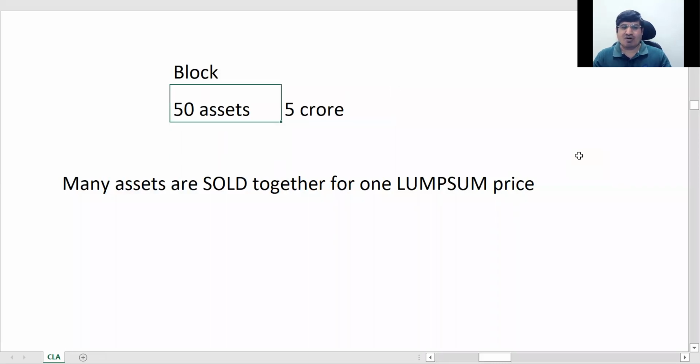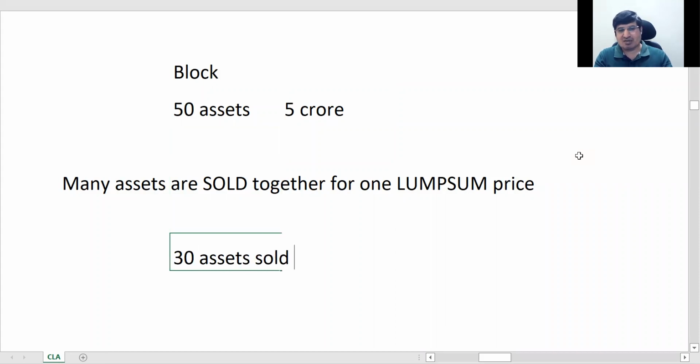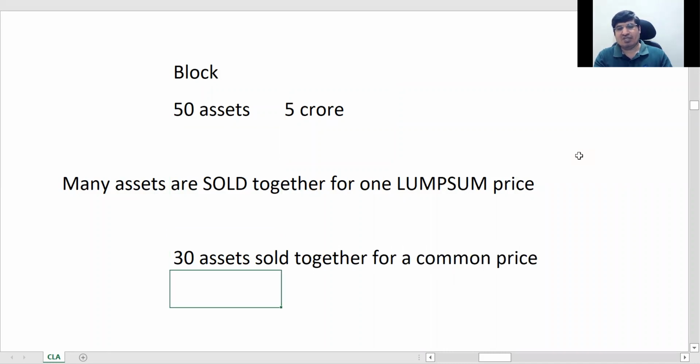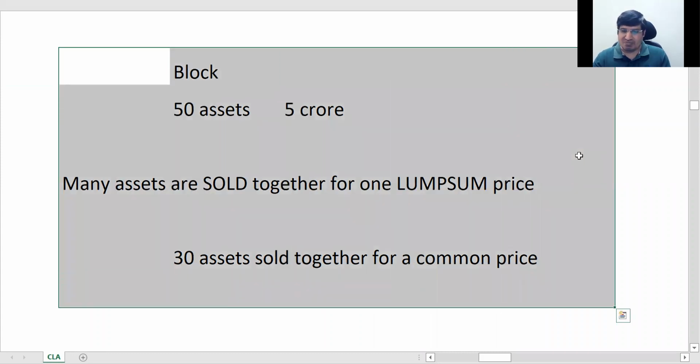Okay, now out of this, if I know that 30 assets were sold together for a common price, if this happens, then how will you treat it? This is slump sale. ठीक है, इसको बोलते हैं slump sale.